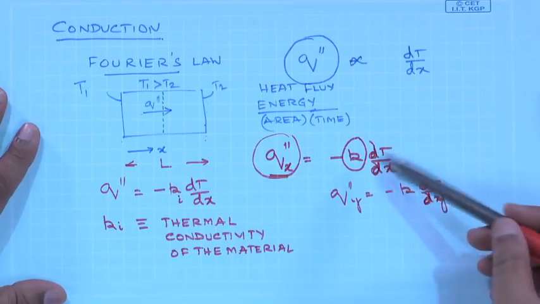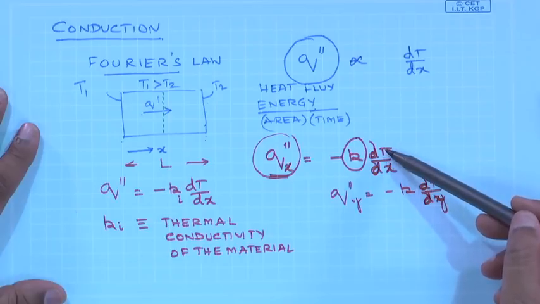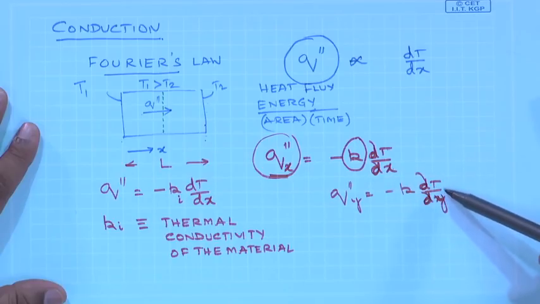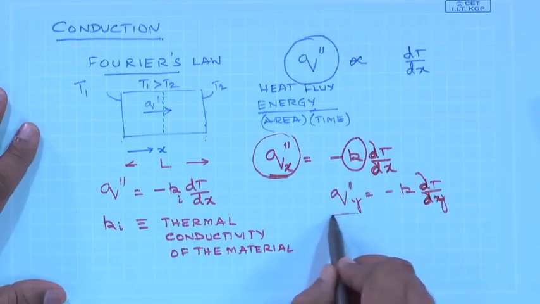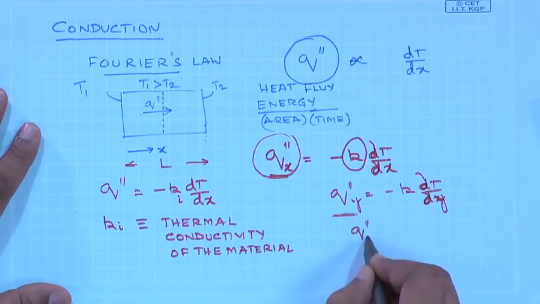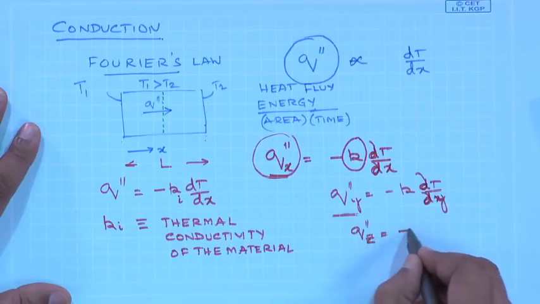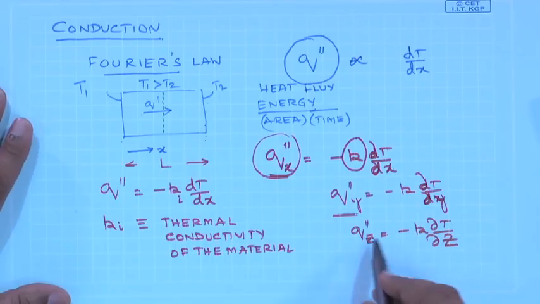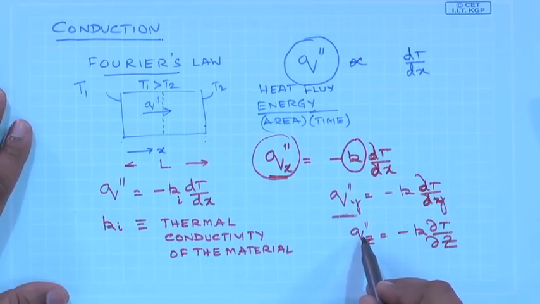Therefore, it gives me the temperature variation with x where y is kept constant, and this is temperature variation with y where x is kept constant, and this simply gives you the heat flux in the y direction, and one can similarly write what is going to be the z component of the heat flux.